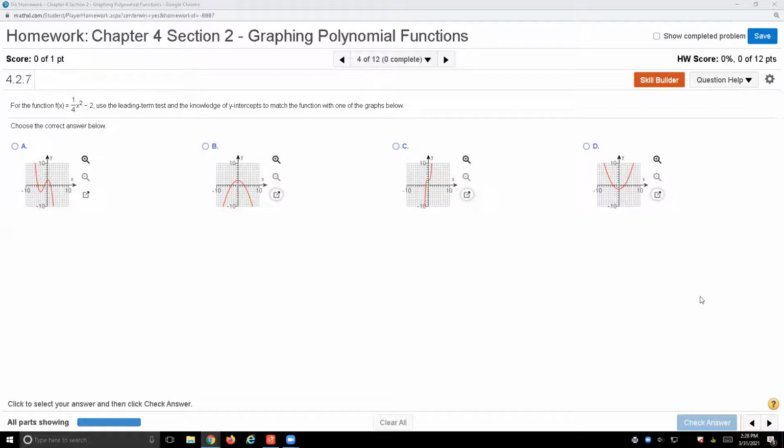Well, right off the bat, we know it can't be A or C because the degree of this one is 2, so both ends have to point the same direction. Those two have odd degree. B is wrong because it's pointing down, which means the coefficient would have to be negative, and it's positive. So B is wrong. So it has to be D.